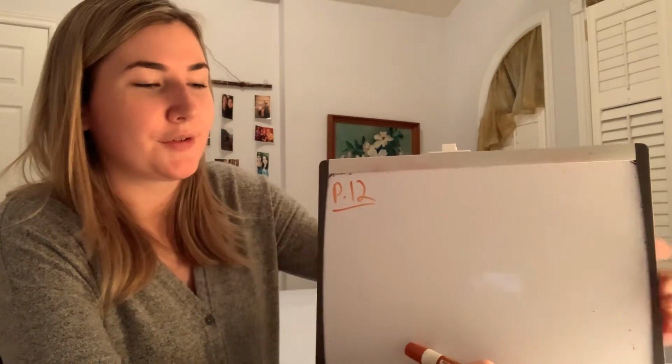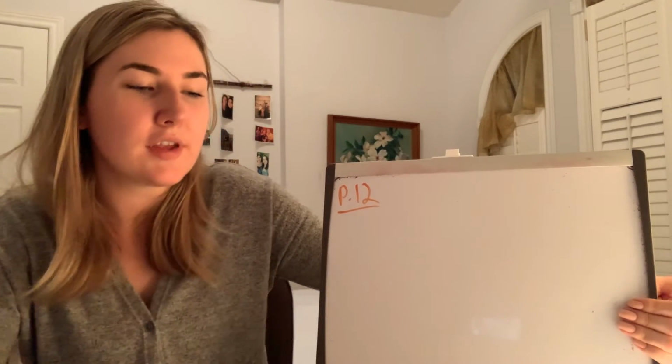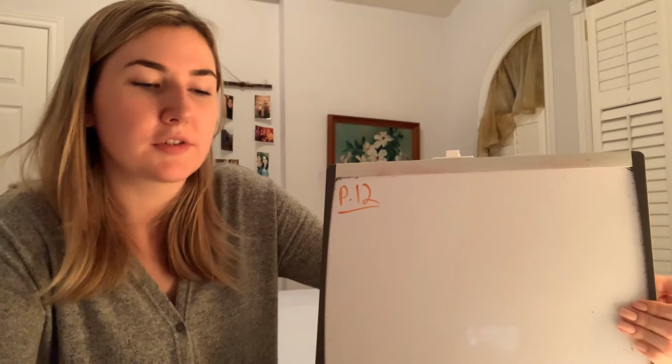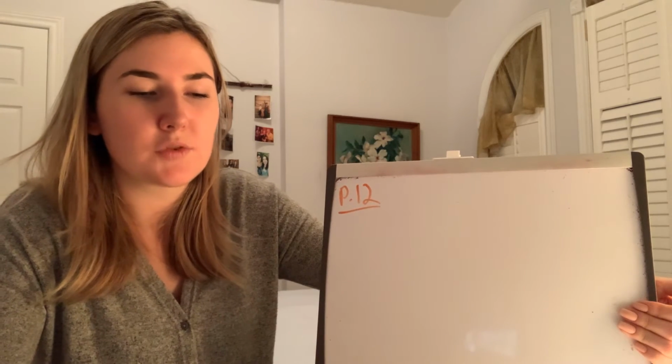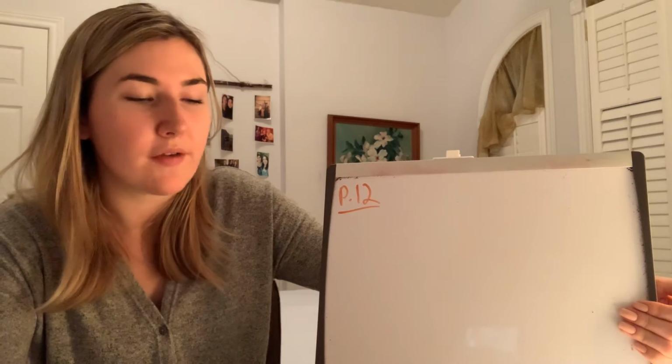Now part 12, we're looking at solving for area. So let's read the problem together and then I'll draw it out for you. So a field is 368 meters long and 70 meters wide. What is the area of the field?